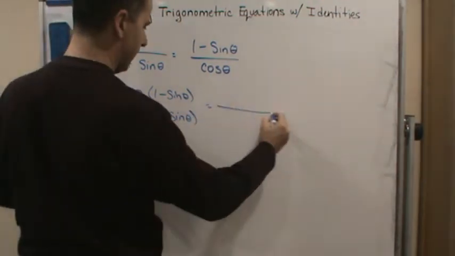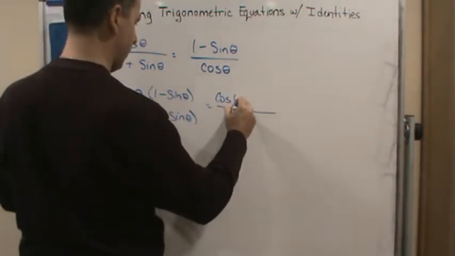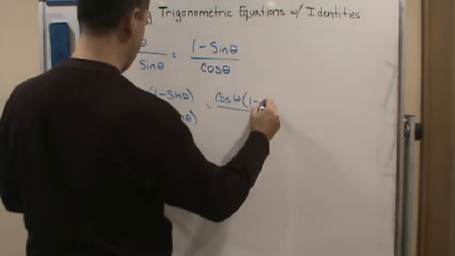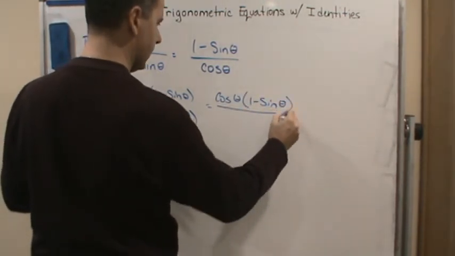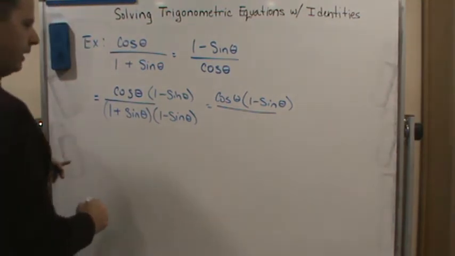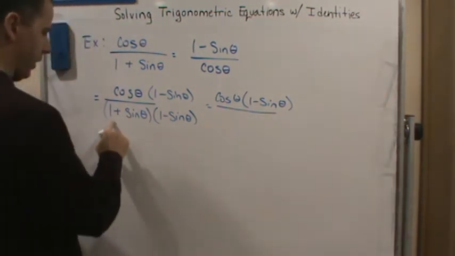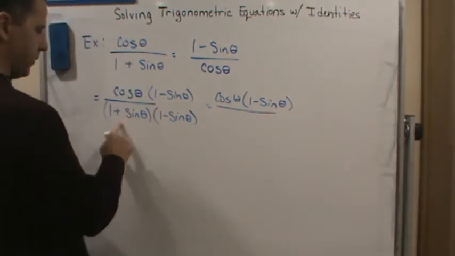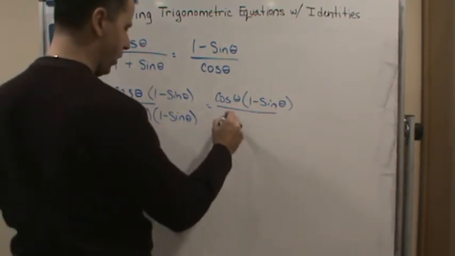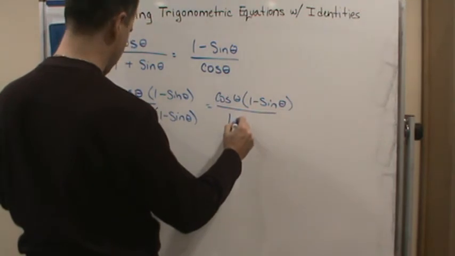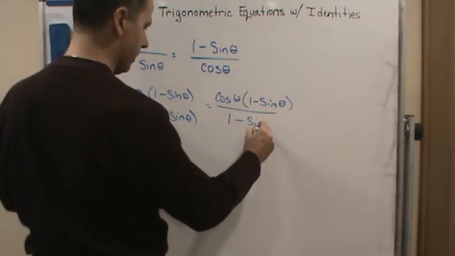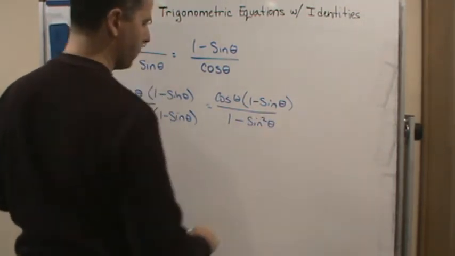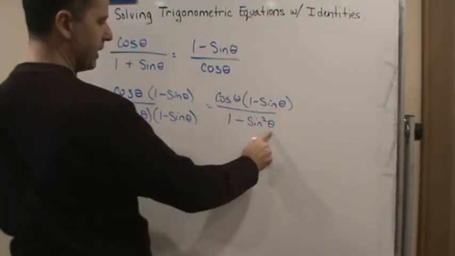We're going to end up getting cosine theta times 1 minus sine theta. And then we're going to get what? Well, this is the difference of two squares, which is what we get when we factor it, so we know that this has to be equal to 1 minus sine squared theta. Aha! Well, what's 1 minus sine squared theta?